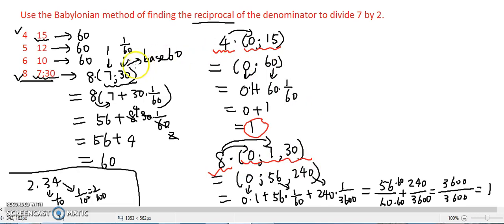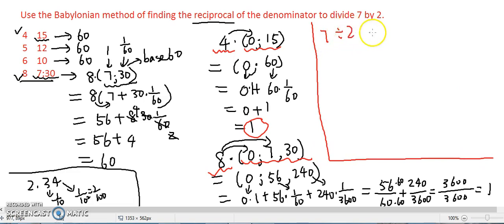Now we're going to use this idea to find 7 divided by 2. When we do 7 divided by 2, we can do a multiplication, 7 times 1/2, because division can change to multiplication by the reciprocal.